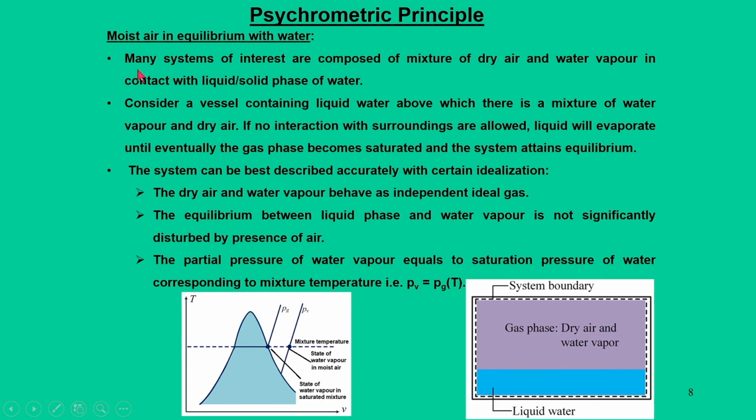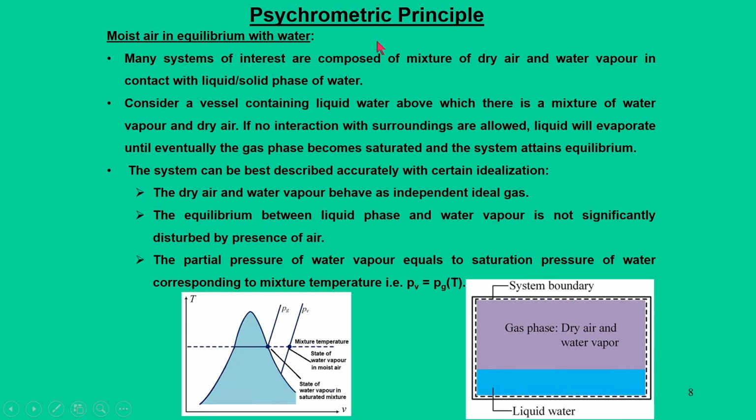Another important aspect is when you deal with moist air in equilibrium with water. Many times in our study of air conditioning processes, we deal with water and air simultaneously. The water may be in a saturated state, maybe steam or maybe liquid. So, depending on the case, the moist air can be in equilibrium with water.